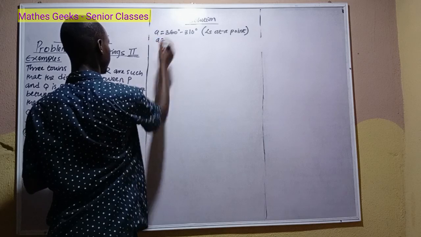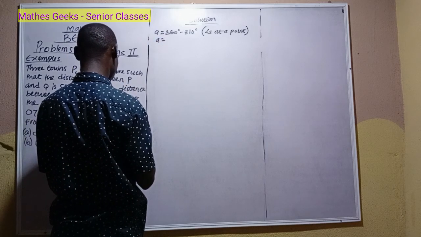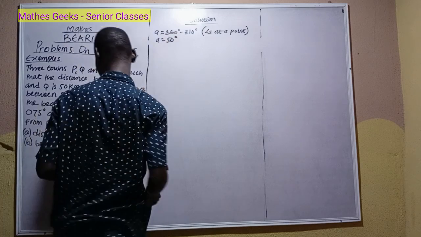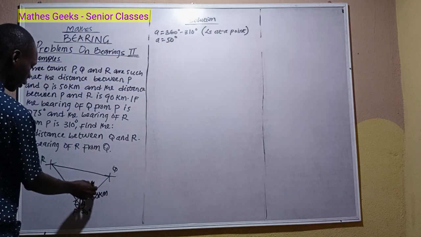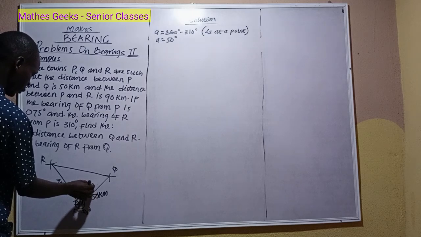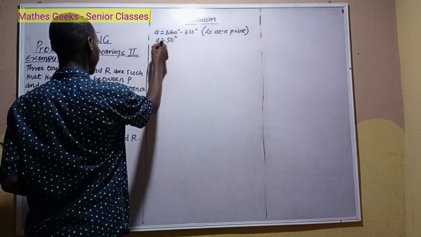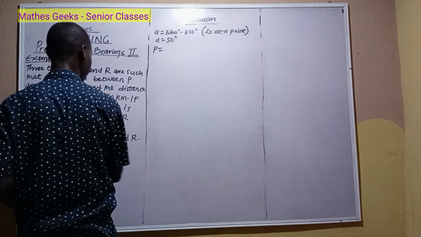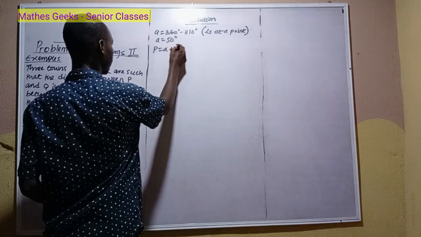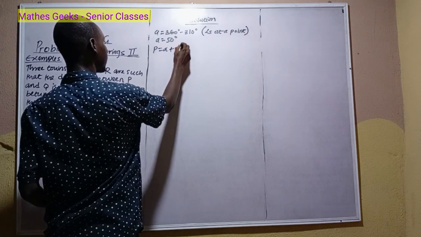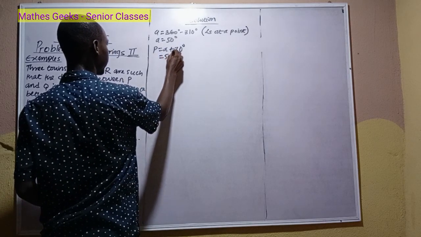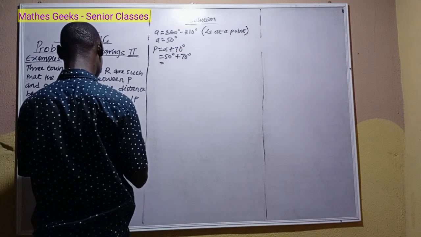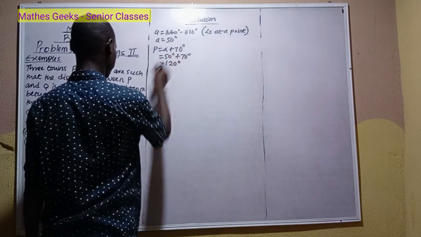So A is equal to 360 minus 310, 50 degrees. If A is 50 degrees, the total angle at P, since it's a triangle, is equal to A plus 70 degrees, so 50 plus 70 gives us 120 degrees.